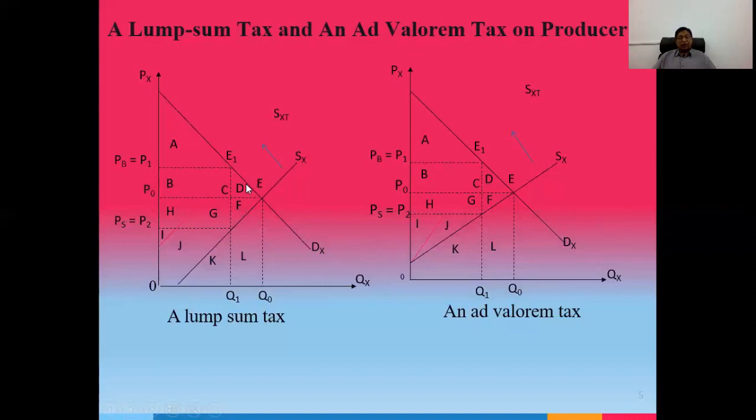Then you will get minus D and minus F. That is the deadweight loss of the lump sum tax.